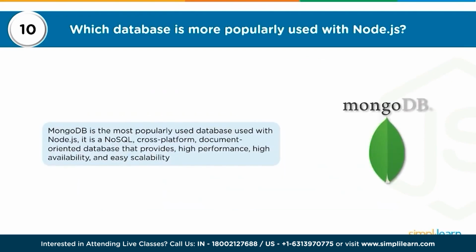So let's talk a little bit about connecting to a database with Node.js. You're probably going to be asked, what is the most popular database used with Node.js? And there are a couple. MongoDB is largely the most popular NoSQL cross-platform database. MySQL is also very popular, and that's a more traditional relational database.